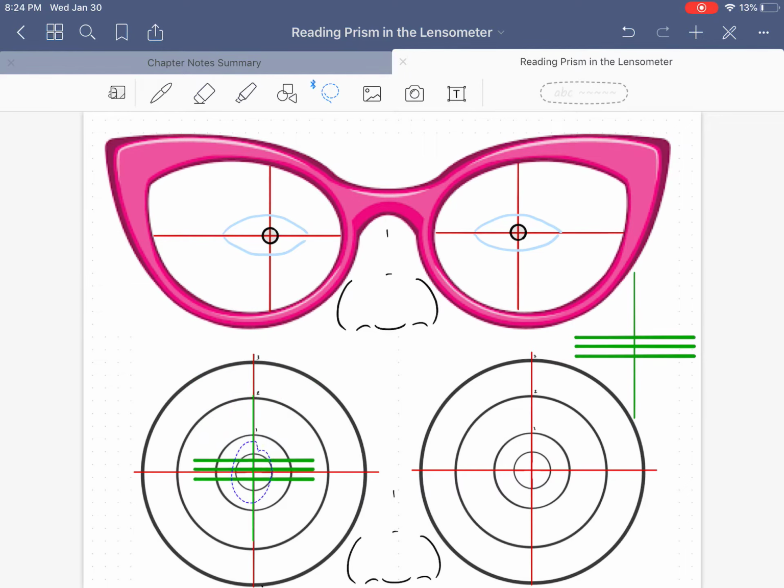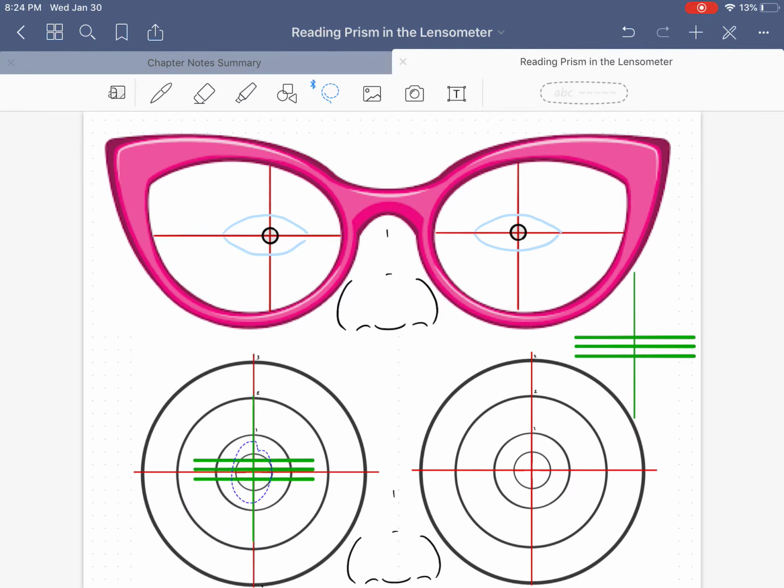If we're going straight up and we only have base up prism, we go right up this line. Anything to the right or to the left of the target means that we have some amount of either base in or base out prism. So if we just want base up, then we move straight up along this line here. If we just want base down, then we move straight down along this line right here.